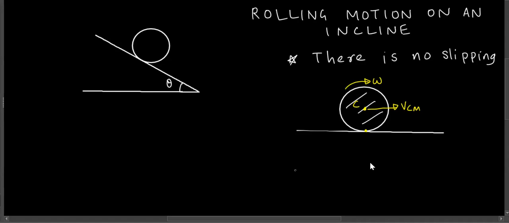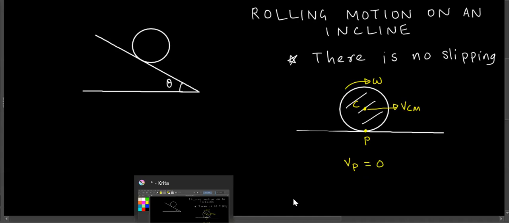So then what will happen if I take this point of contact? Let's call that P. If there is no slipping as the disk rolls, the velocity of the point of contact should be zero.